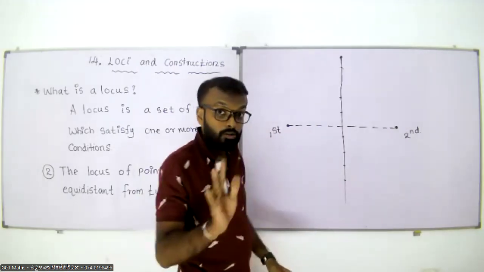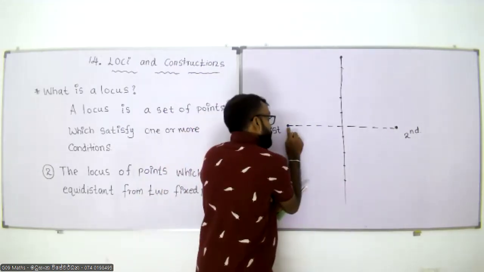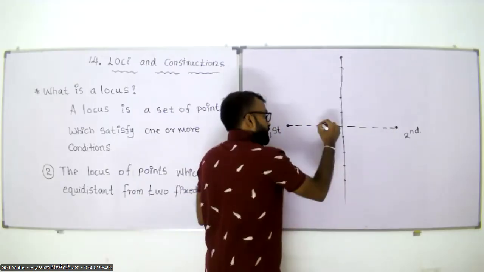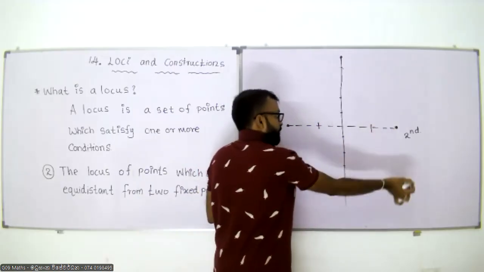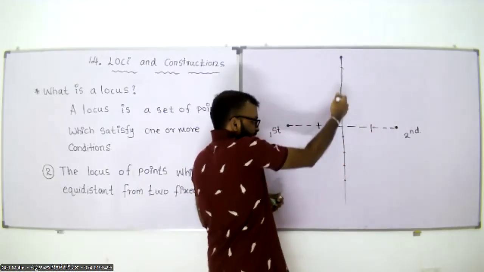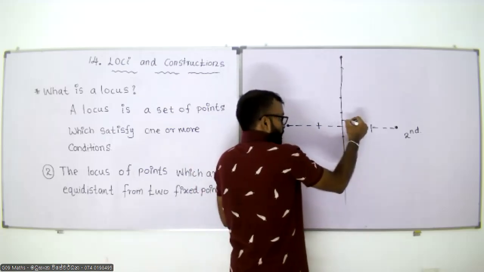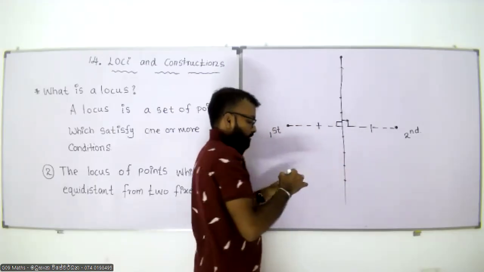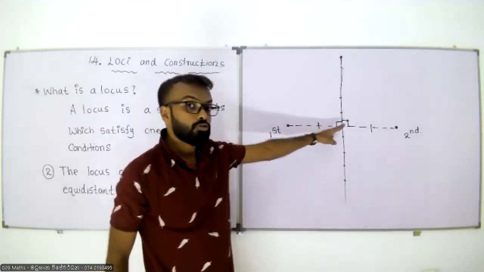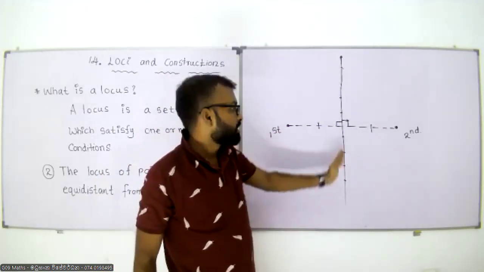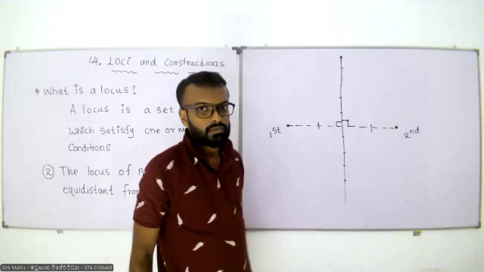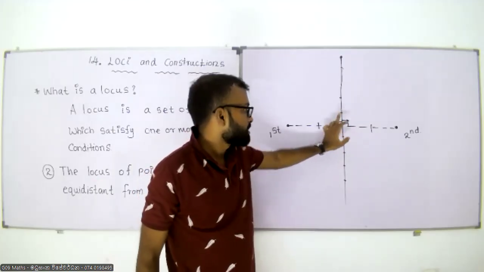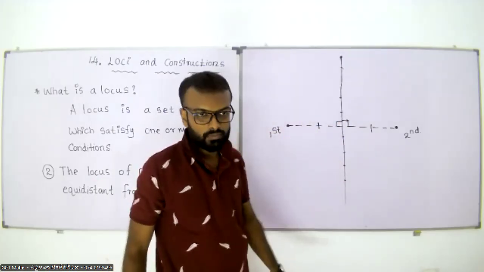Perpendicular bisector, because here to here and here to here, the length is equal. And it is exactly perpendicular to this line, a 90-degree angle. So after the construction is done, you can measure these angles by using the protractor.